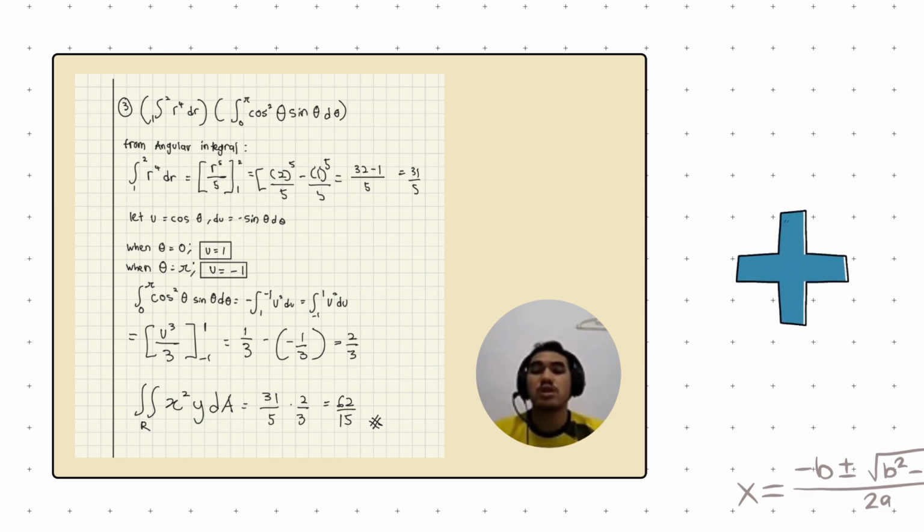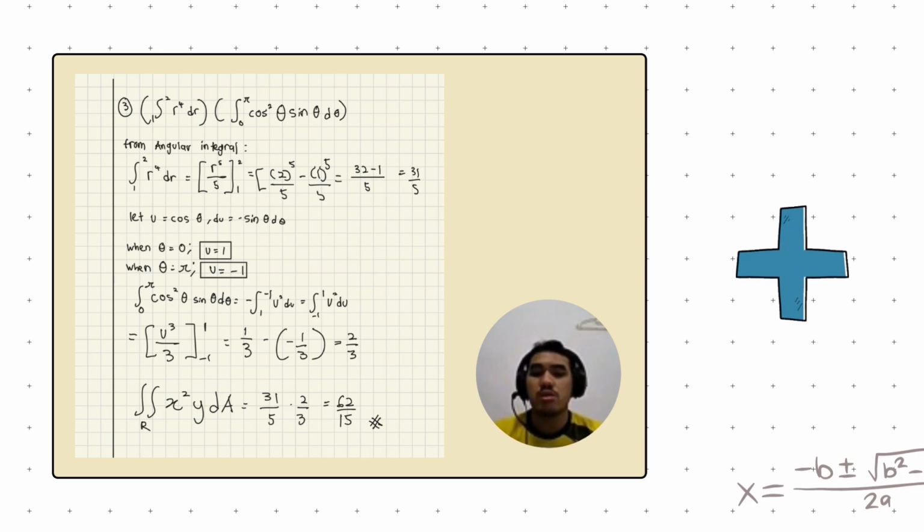we have to use the substitution method, where we let u equal cos theta and du equal negative sin theta d theta. When theta is equal to 0, u equals 1, and when theta is equal to pi, u equals negative 1. So when we substitute, we get negative integral from 1 to negative 1 of u squared du, which is equal to the integral from negative 1 to 1 of u squared du.